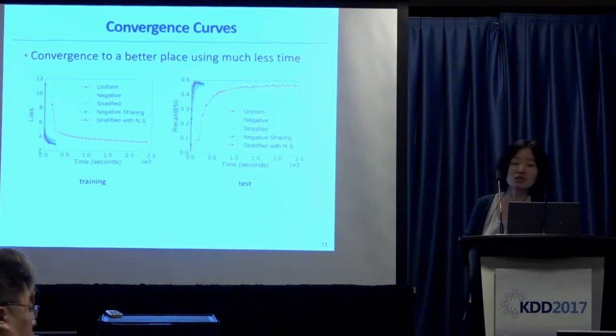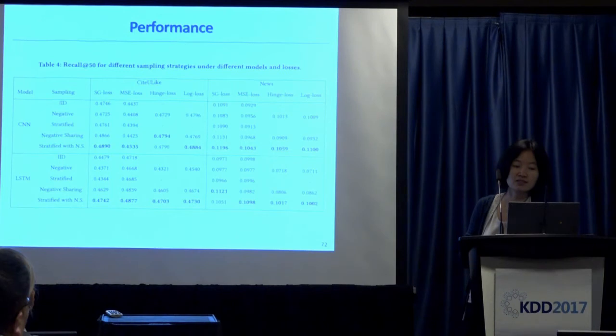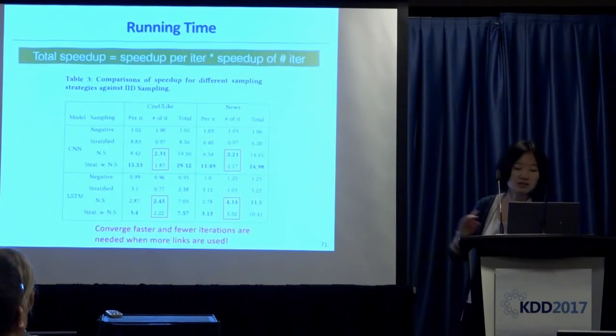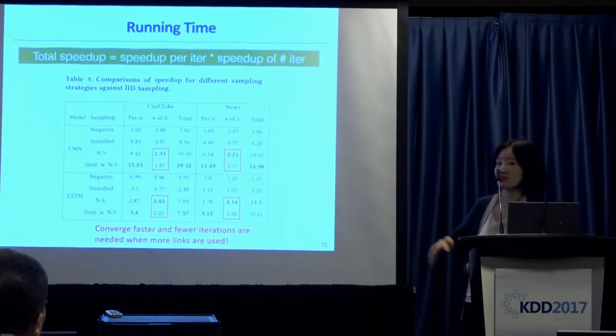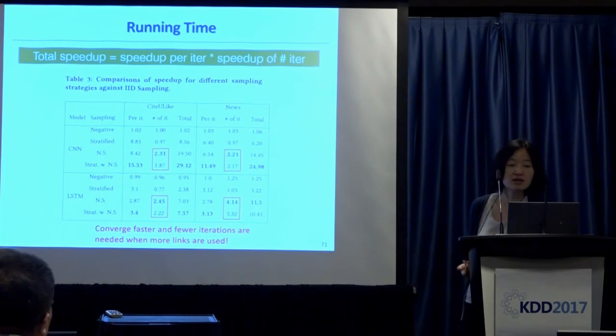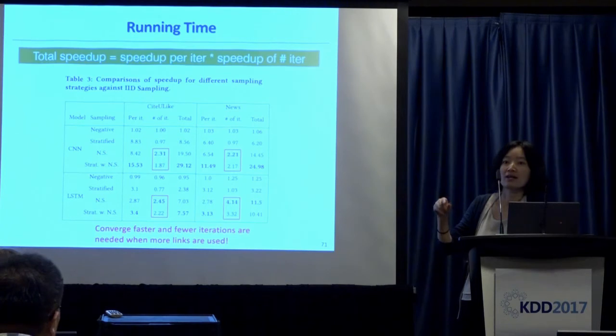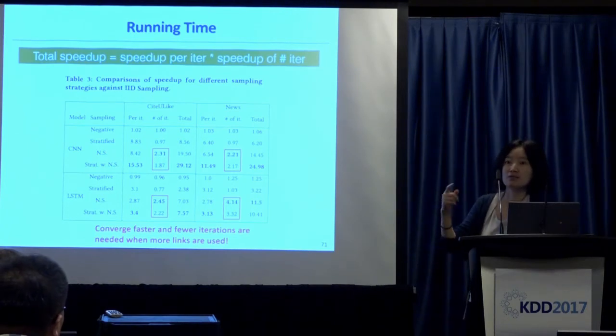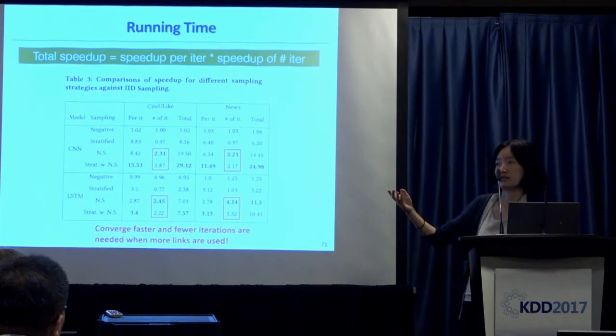This is wall time, so it's all things together. I'm not sure whether this slide will answer your question. The running time is the time required in a mini-batch times the number of mini-batches needed for convergence.